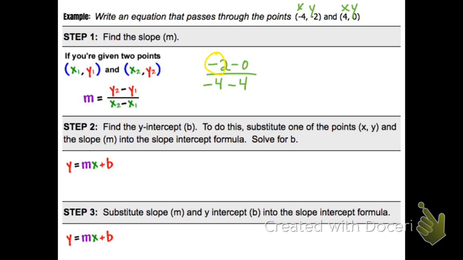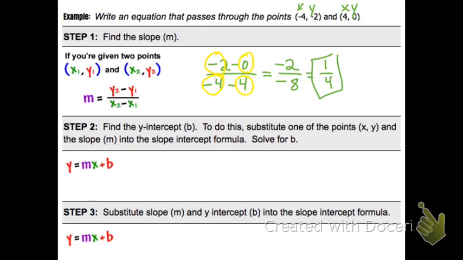So you see negative 2 and 0, negative 4 and 4. I'm subtracting them. When I do that, negative 2 minus 0 is negative 2, and negative 4 minus 4 is negative 8. A negative divided by a negative is going to be positive, so my slope is positive, and 2/8 is the same as 1/4.